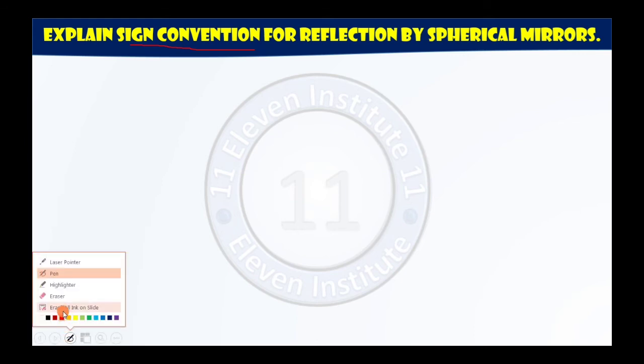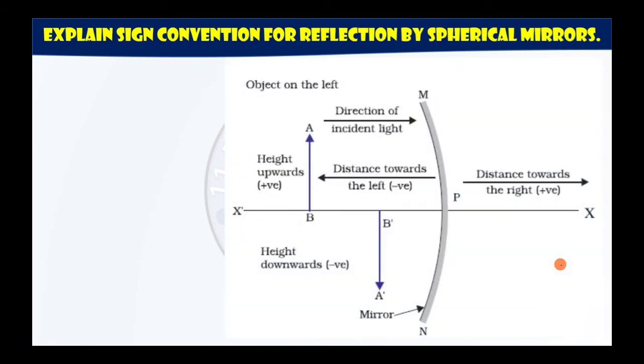Let us understand what is sign convention for reflection by spherical mirrors. This is the image I have taken from the textbook, and first we will study everything about sign convention from this image. Sign convention means we are discussing some distances when we solve the numericals, like object distance, image distance, focal length, height of the object, height of the image, radius of curvature.